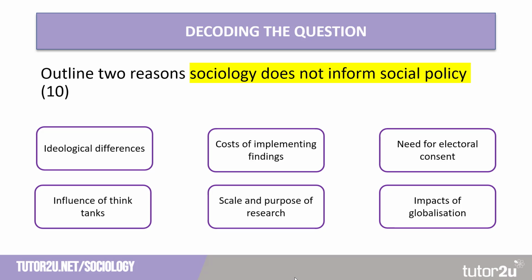But many impacts of globalisation, what's called the Washington Consensus and the adoption of neoliberal economic policies, mean that many pieces of social research aren't implemented because of ideological constraints between neoliberalism and the way in which sociologists approach their research.